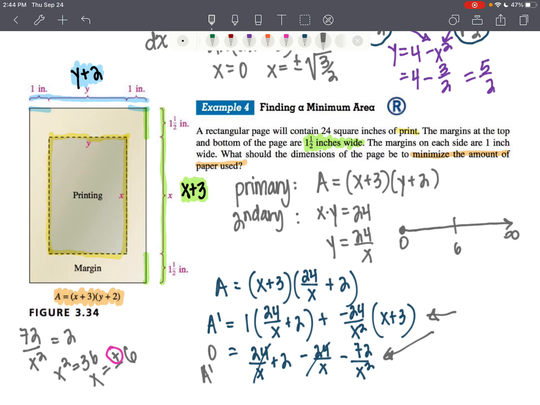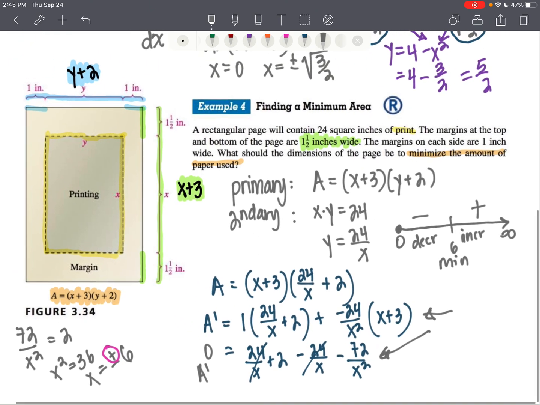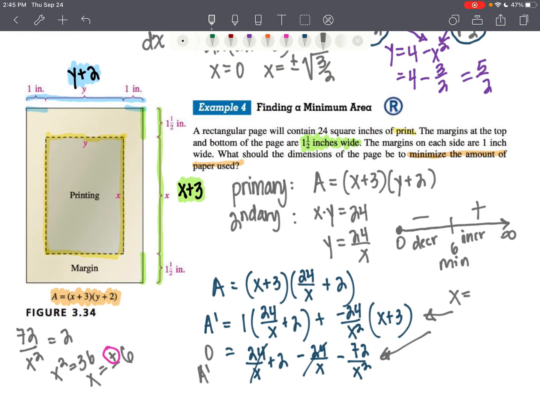So 2 minus 72 is negative. 6, let's put a 7 in. If I put a 7 in, 72 over 49, yeah, let's put a 10 in. 72 over 100, that's less than 1, that's going to be a positive. So decreasing to increasing is going to make this a minimum. So we need x to equal 6 to minimize.